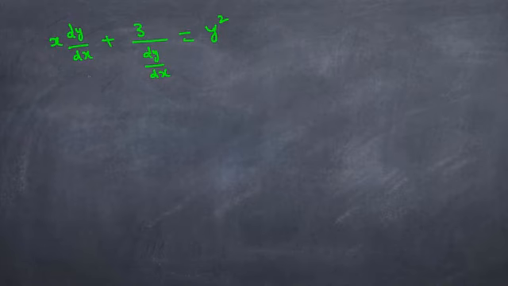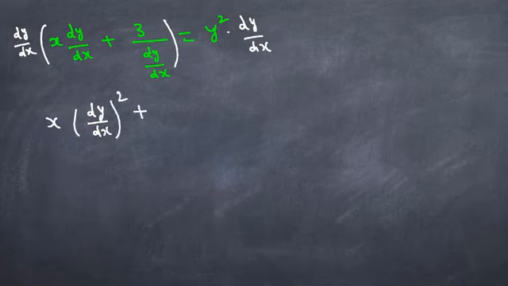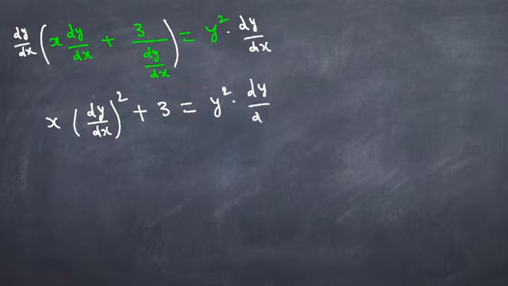I want to get rid of this denominator, which is dy over dx. So what we can do, we can multiply both sides by dy over dx. So this will give me x into dy over dx square plus dy over dx is in the numerator and this is in denominator, will cancel out, left with the 3 and we're left with the y square dy over dx.